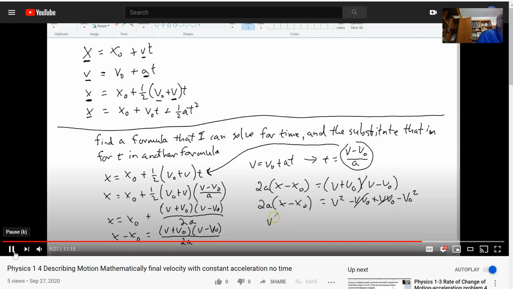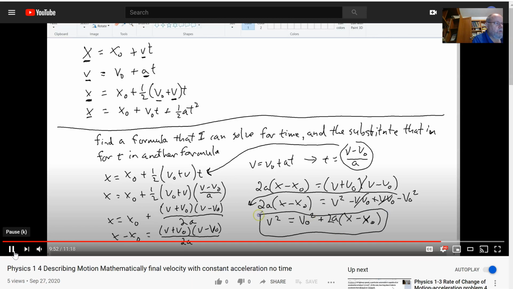So I'm going to end up with v squared equals v0 squared plus 2a times x minus x0. And this is our last formula.